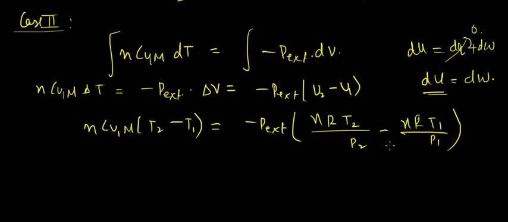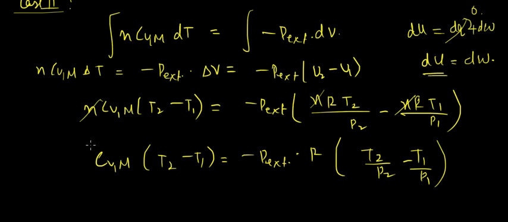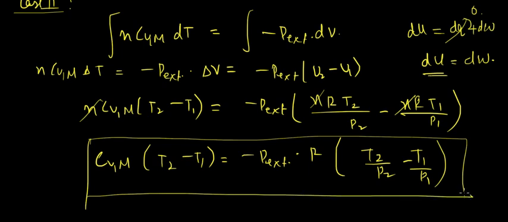So from here the n can get cancelled out, and we can write that C_V,m (T2 minus T1) would be equal to minus P external times the gas constant R multiplied with (T2 upon P2 minus T1 upon P1). This is a very important equation as far as irreversible adiabatic ideal gases are concerned.